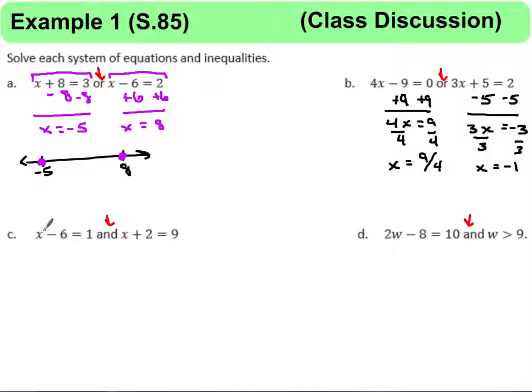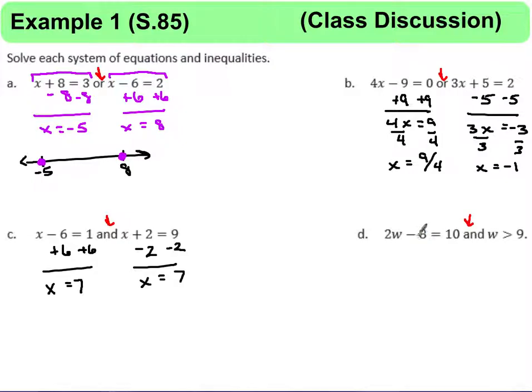Same thing down here. If I had x minus 6 equals 1 and x plus 2 equals 9, I would add 6 on both sides, so x would equal 7, and right here subtract 2 on both sides, and x would equal 7.